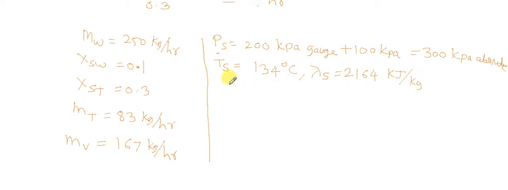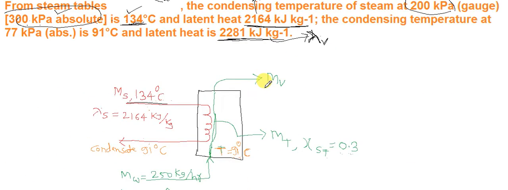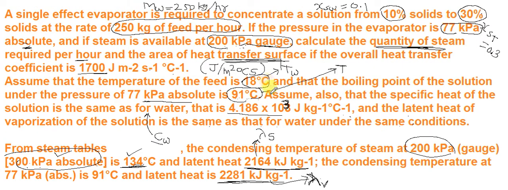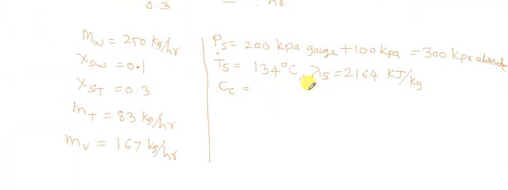We also know the condensate heat capacity, which is given in this problem as 4.186 into 10 raised to 3 joule per kg per degree Celsius.